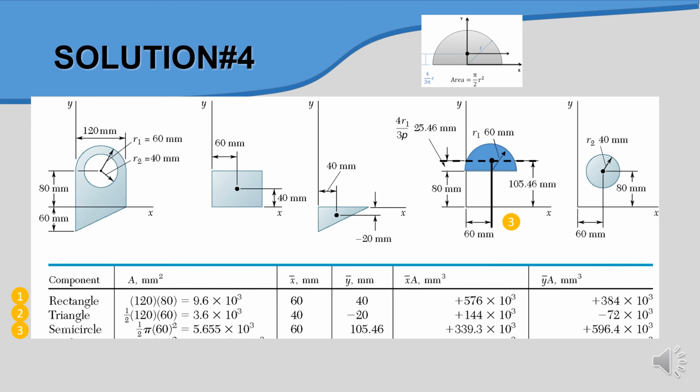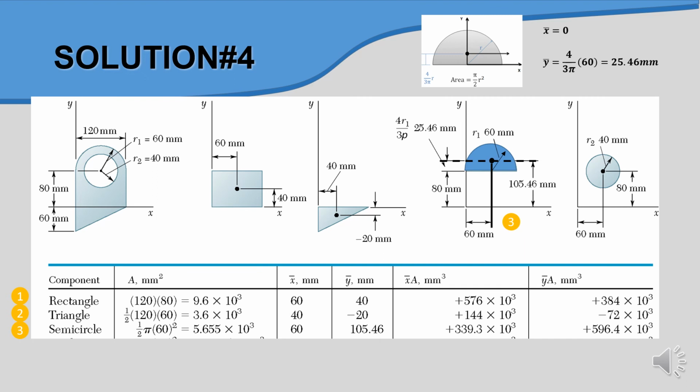For the y value we use 4 divided by 3 pi times r. In this case the x bar value is 0, the y bar value is 25.46 mm, substituting radius equal to 60.